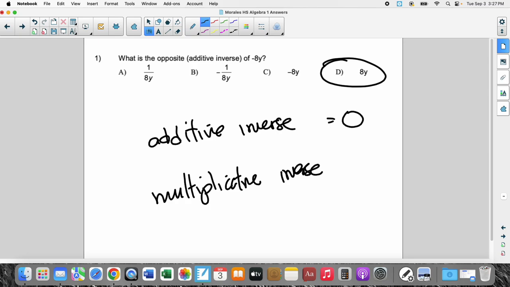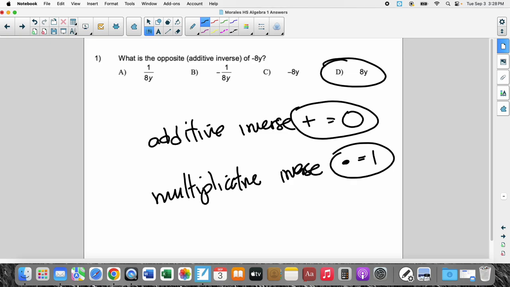So they add to equal 0, and they multiply to equal 1. So the multiplication division inverses, they multiply to make 1. The additive subtraction inverses add to make 0.